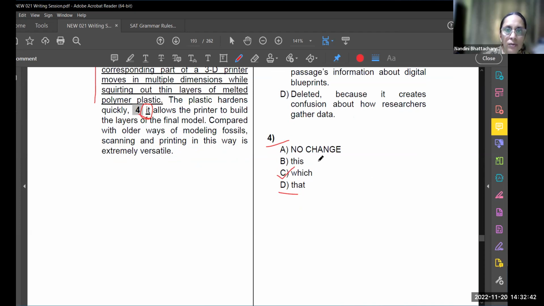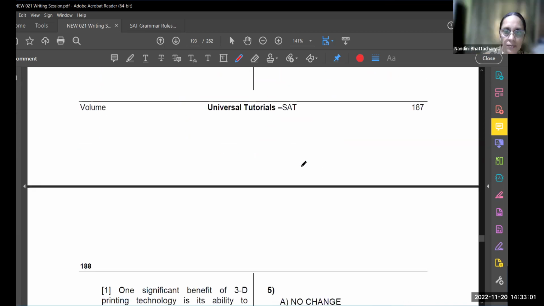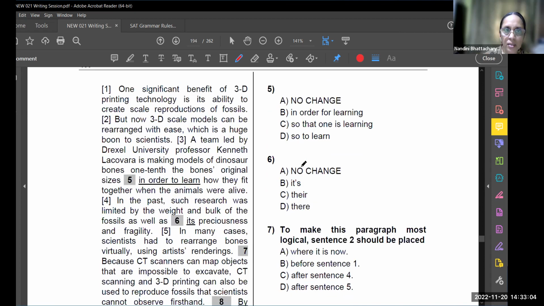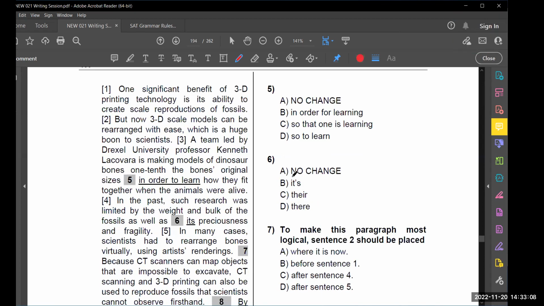Now, when we say this, it becomes a little more specific. Over here we have a comma, which. When we say which allows the printer, we are talking about that process that has already been taking place. So it's referring to whatever has been stated earlier. Okay, fifth will be B.